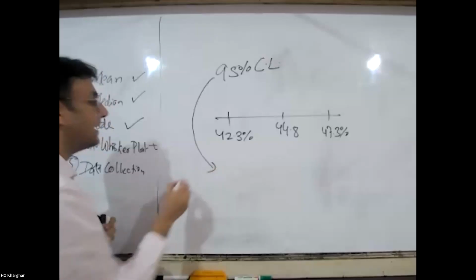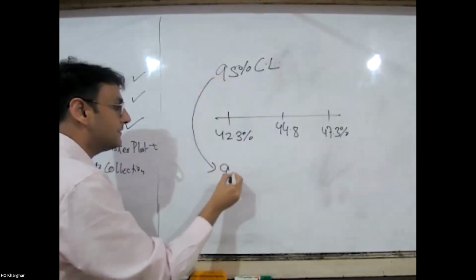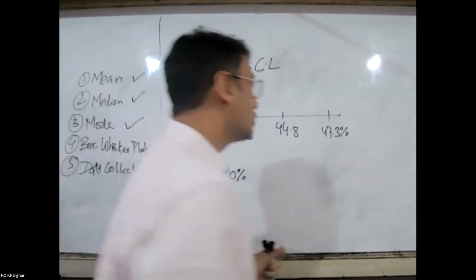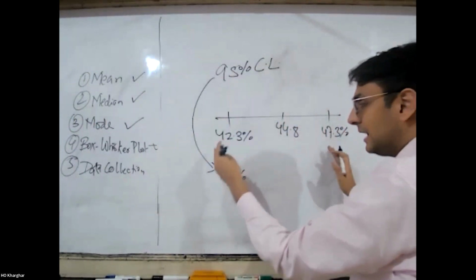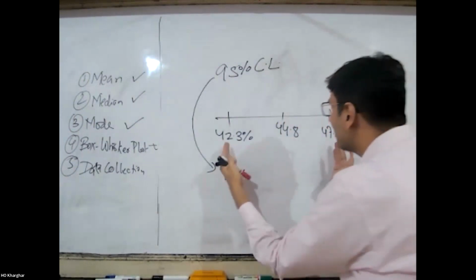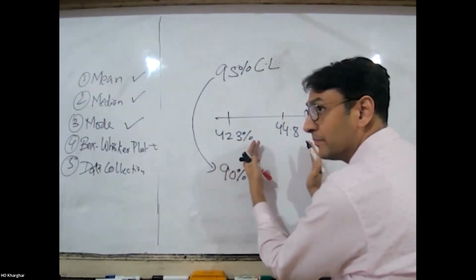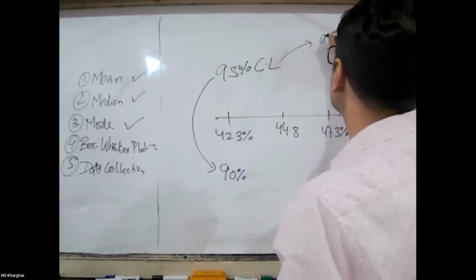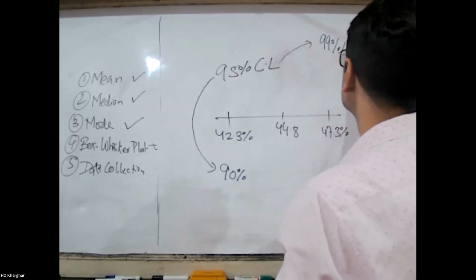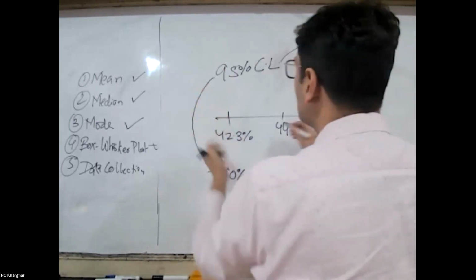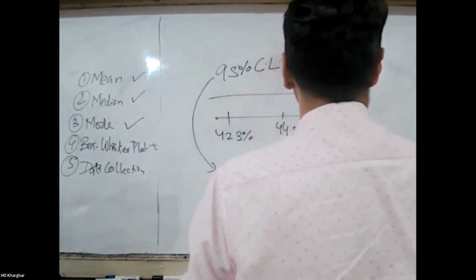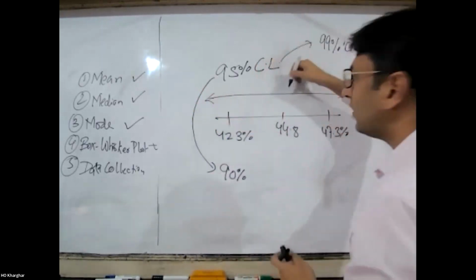If I decrease my confidence level, then my margin of error would go down. But if I increase my confidence level, let's say to 99%, then I'll have to have a higher margin of error so that something falls in this.